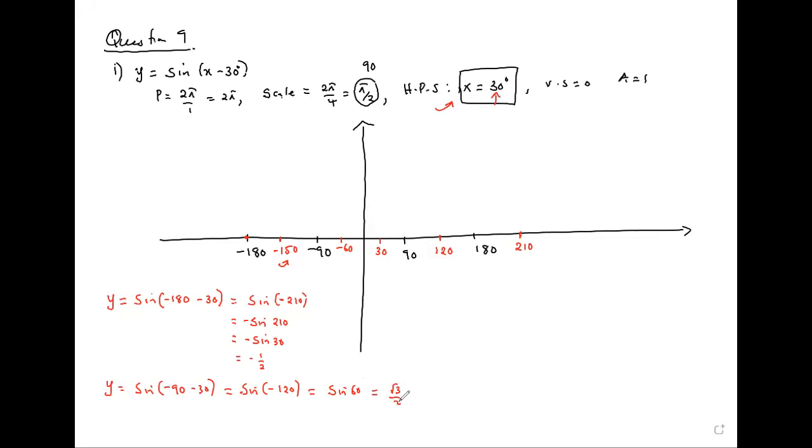Then we do y is equal to sine of 0 minus 30. That is sine of negative 30, which is negative sine 30. So in fact, even here it's negative. So that is negative half.